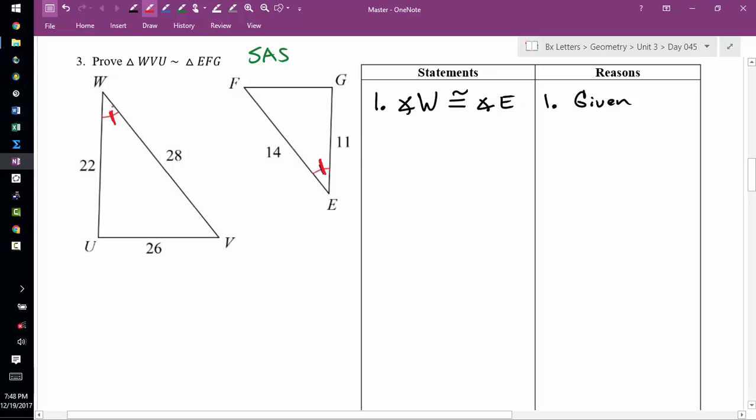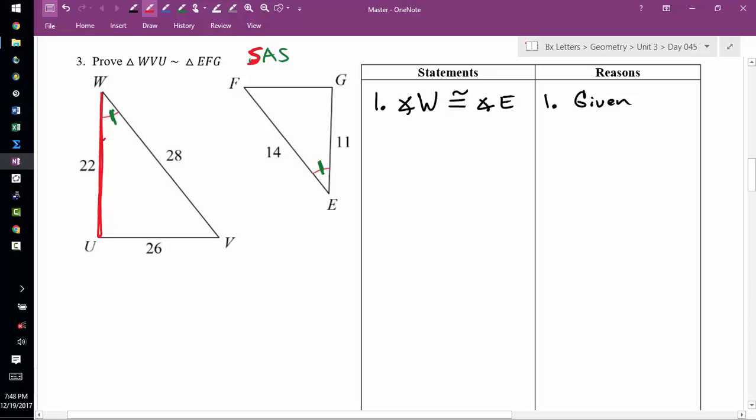So now that I see that these angles are congruent, I'm going to use them to help me figure out what sides are relevant in this problem. Because with the side angle side theorem, that angle needs to be sandwiched. It needs to be connected to the sides, in between the sides we're going to use.